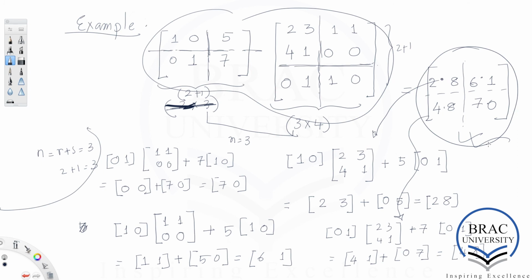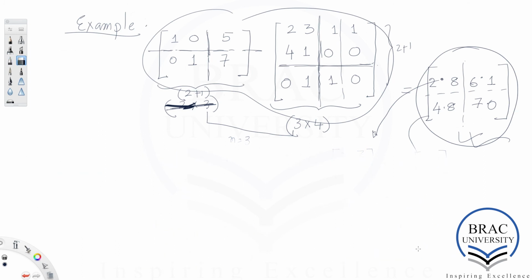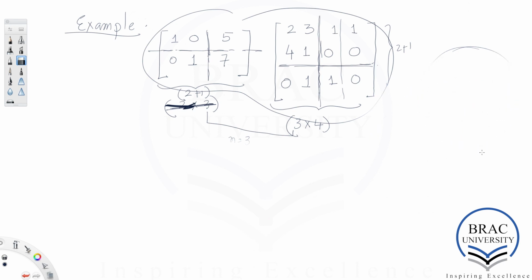The question is, instead of having the partition here, if we had the partition here, would we get the same result? We should, right? Let's check. Let's verify if we get the same result.